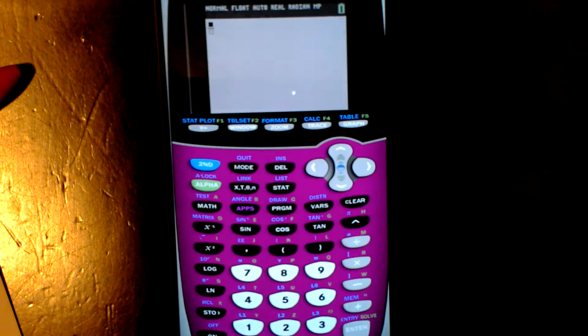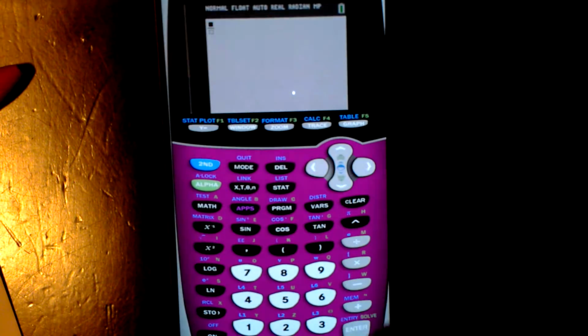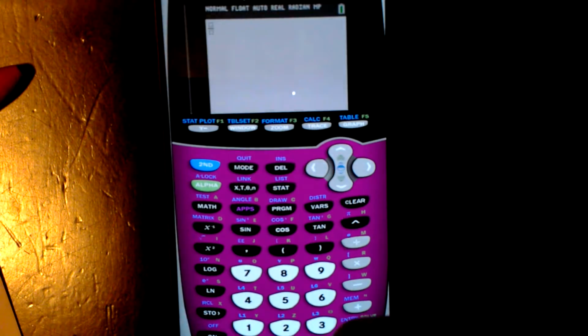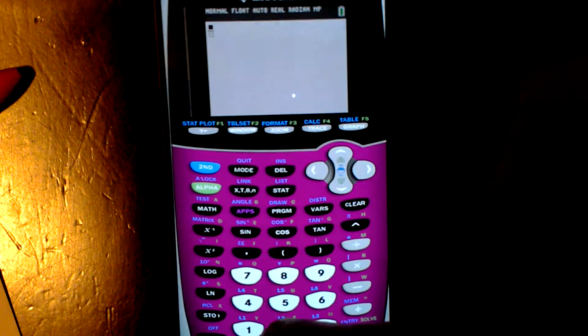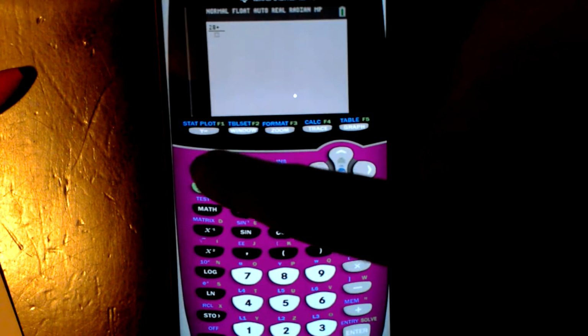Brings up my fraction. Quadratic formula, negative b, and I said my b was negative 28, so a negative of a negative is a positive. So I'm going to start by adding the square root first.